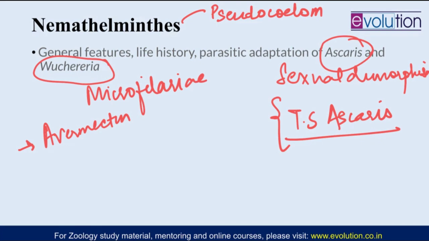How the control of these nematodes happens, and a lot of them are parasitic to humans, not just Ascaris and Wuchereria. There is Dracunculus, there is Loa loa. There are many examples of nematodes which are infectious to humans. So basically you have to do the life cycle and any larval stage in between, and also you have to study the parasitic adaptations and prevention as well as pathogenicity of the disease.